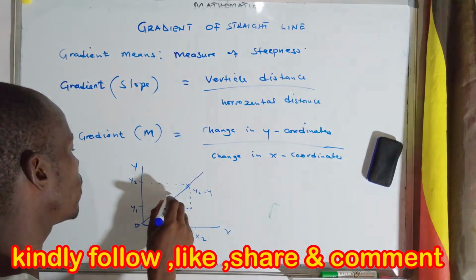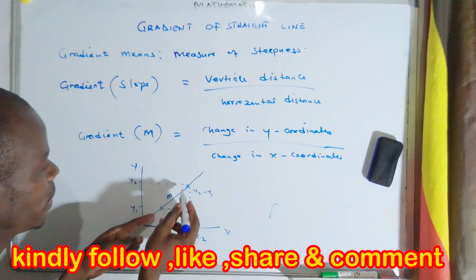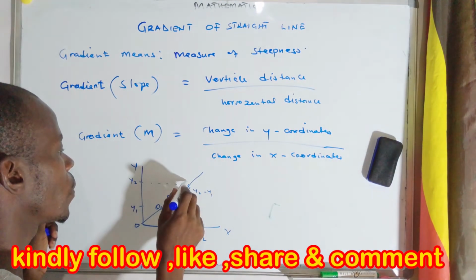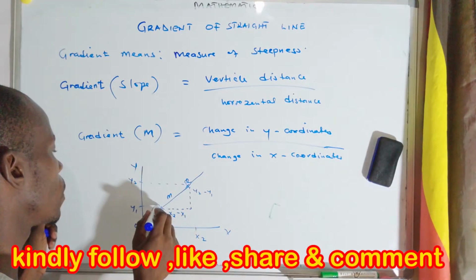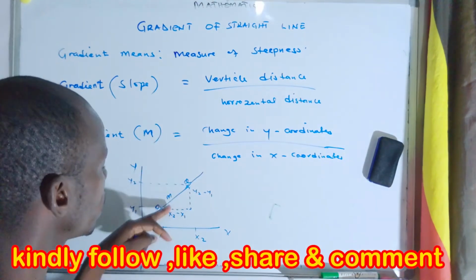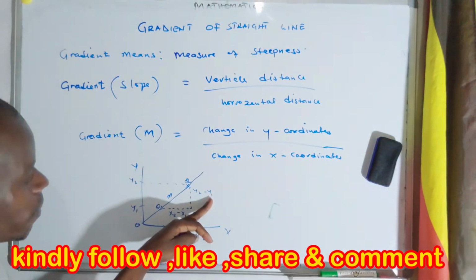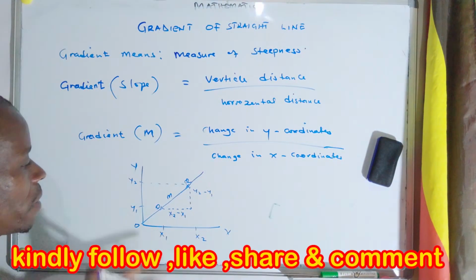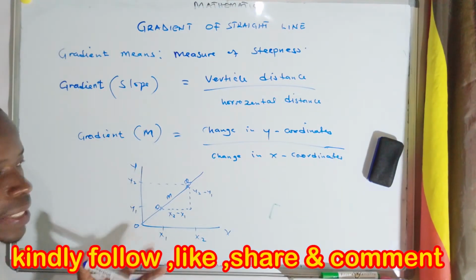Then you get the gradient: gradient equals change in y coordinates over change in x coordinates. That is how we find the gradient.